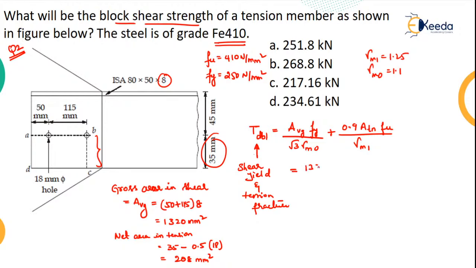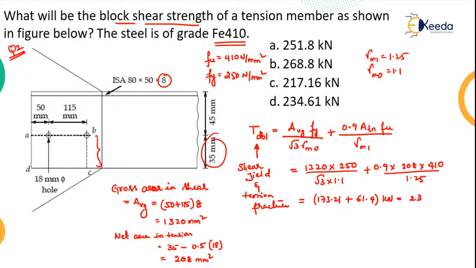So AVG is 1320, Fy is 250 whole divided by root 3 into 1.1 plus 0.9 into ATN is 208 into Fu is 410 whole divided by 1.25. So how much will this value come up to? It is 173.21 plus 61.4 kilonewton, so it will be 234.61. So the shear yield or tension fracture TDB1 is equal to 234.61 kilonewton.